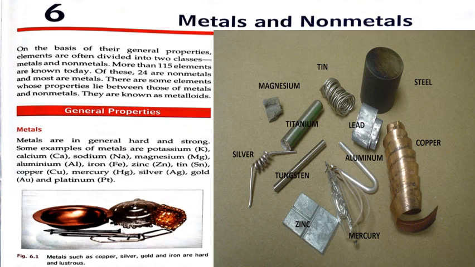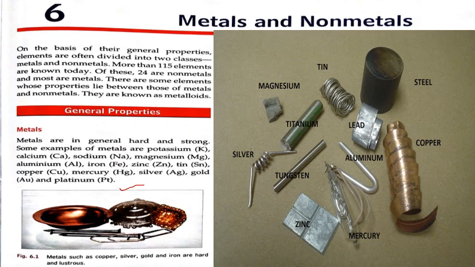Some examples of metals are potassium, calcium, sodium, magnesium, aluminium, iron, zinc, tin, copper, mercury, silver, gold and platinum. These are a few names which are given to you. You have to learn their symbols also, which are given in the brackets.